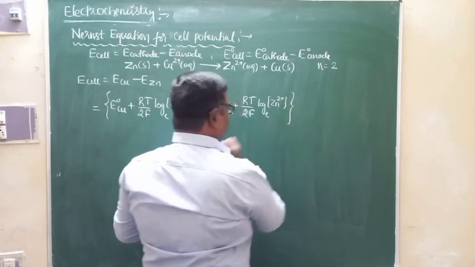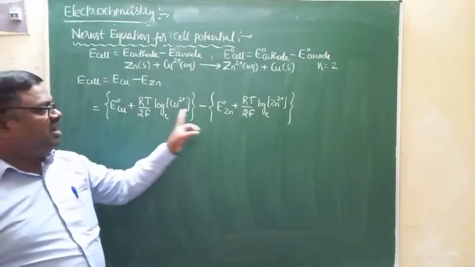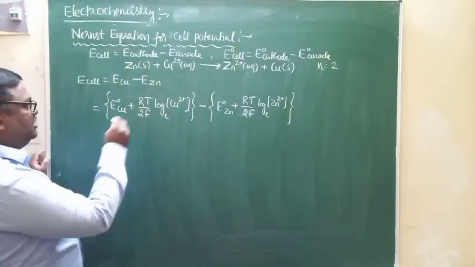So this is what we call the anode, cathode minus anode. Now simplify this.